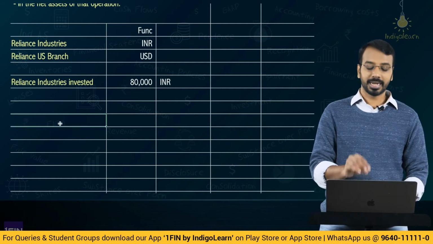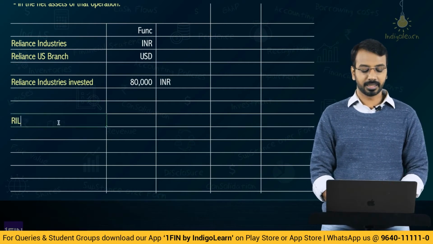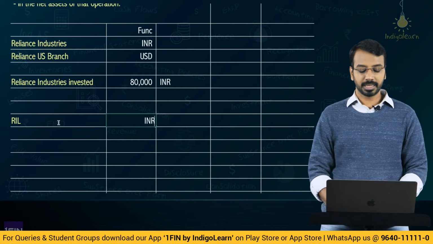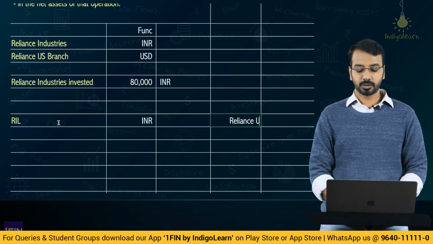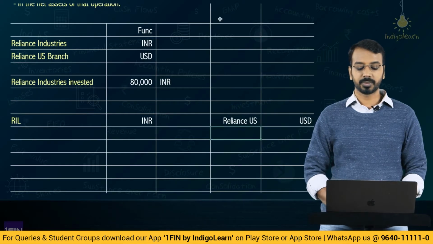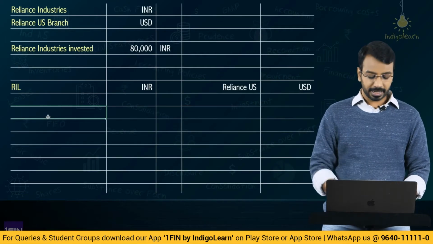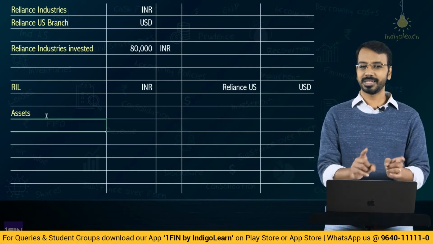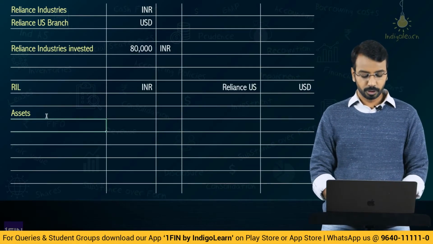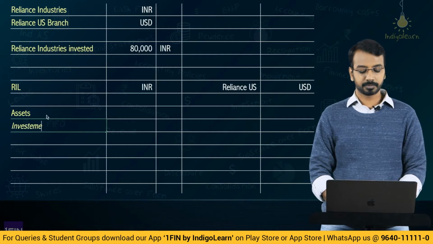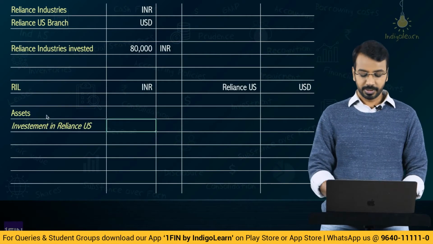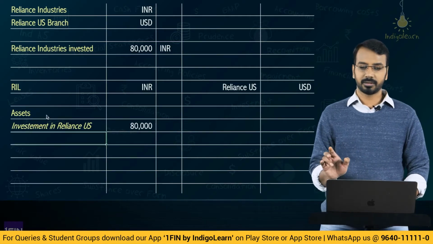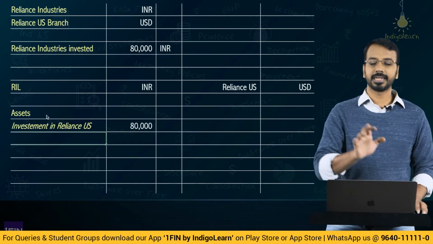In the Reliance Industries financial statements, I will say RIL here, the functional currency is INR, and here you have Reliance US, functional currency is USD. In the books of RIL, on the asset side, and don't worry about the format, just see the balance sheet impact, you will show investment in Reliance US. How much? 80,000 INR, because you have given INR.